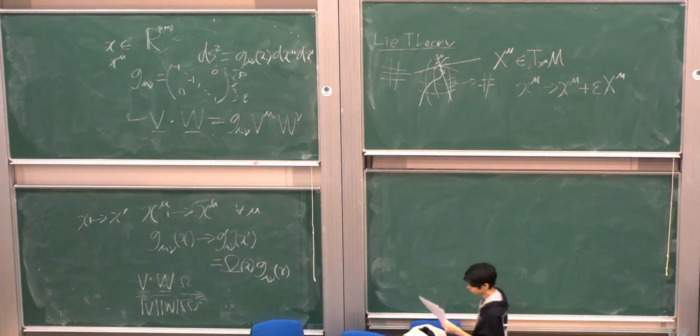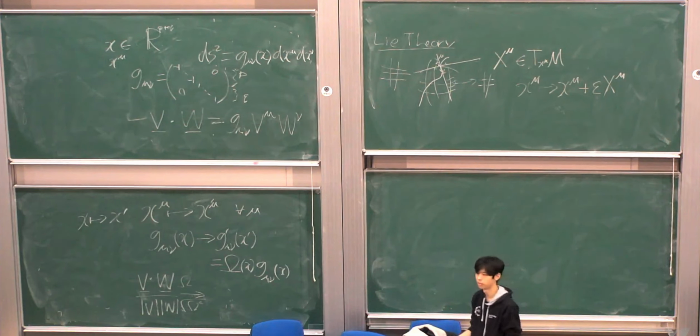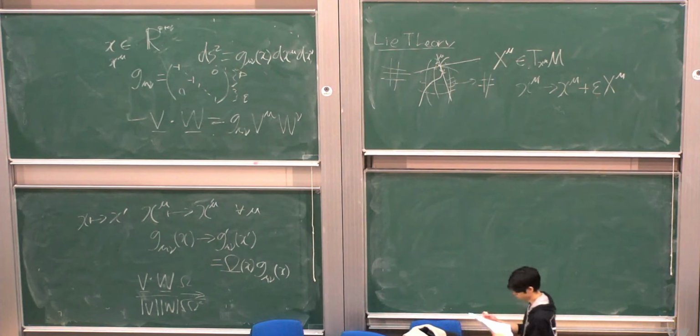And the definition of a Lie group is a group with a manifold equipped with a binary operation. So instead of a finite set, we have manifolds. That's what a Lie group is.